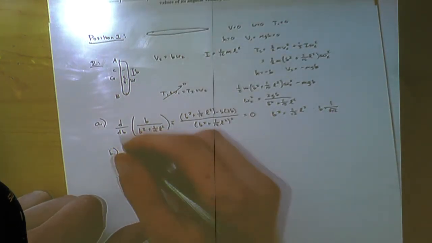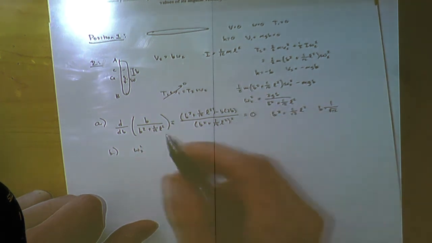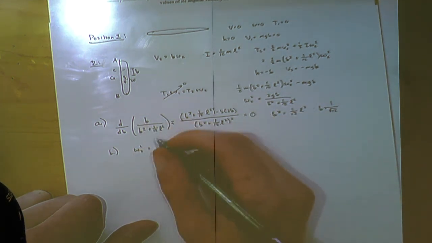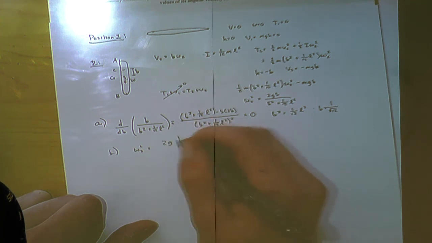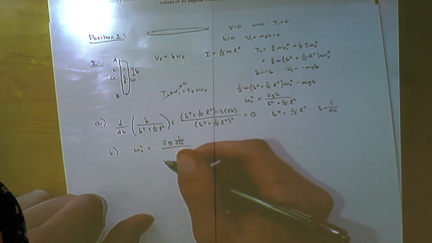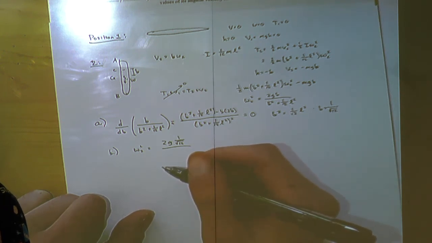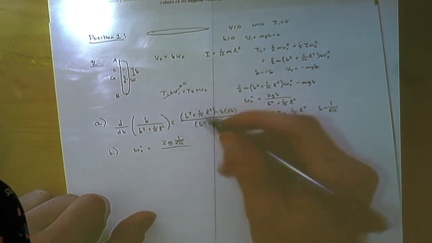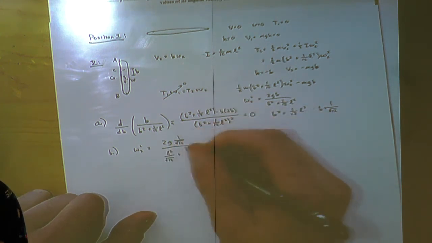And the angular velocity, we're just going to plug that in to this formula we had here. And so we get 2g times L over the square root of 12, divided by L squared over the square root of 12 plus L squared over the square root of 12.